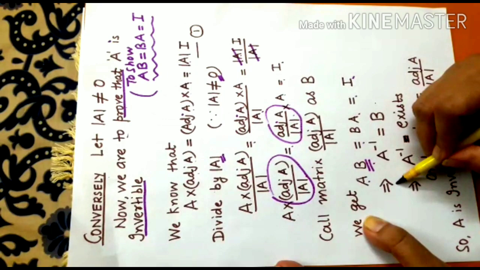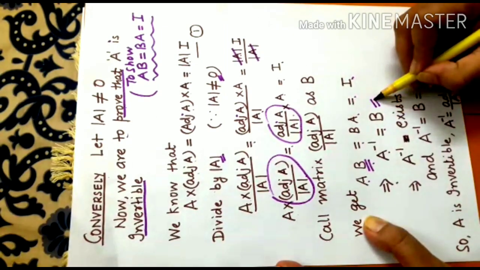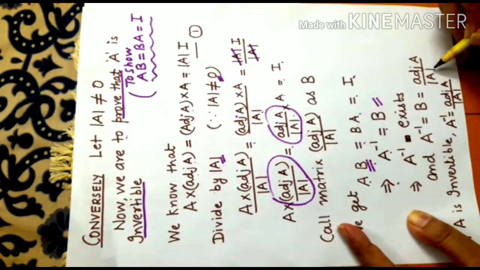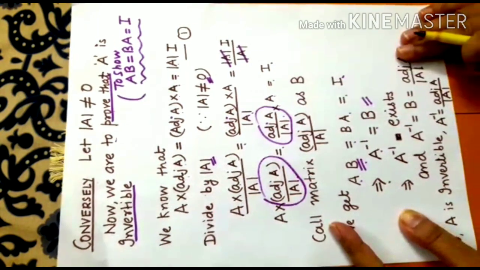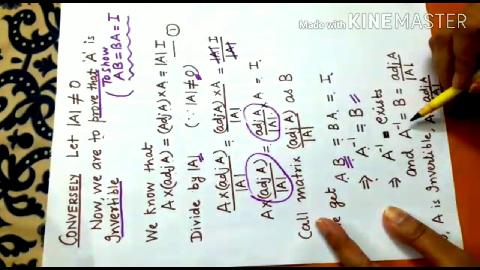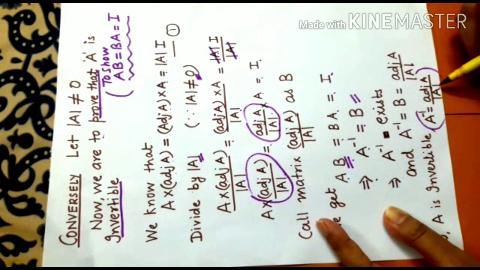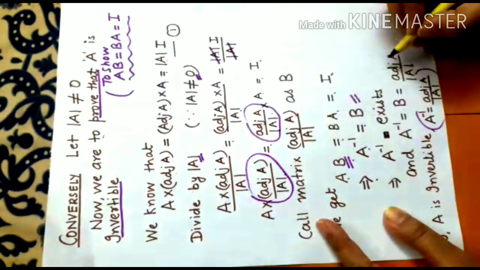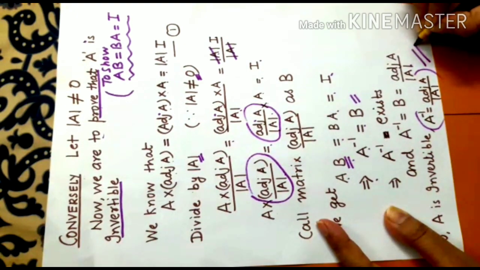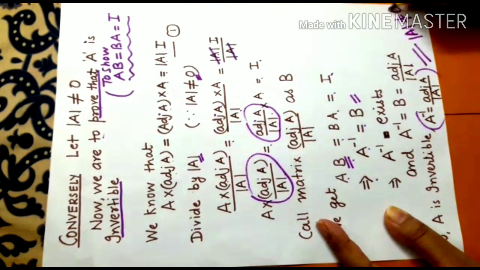So this implies that A is invertible and A inverse is equal to B. And B is adjoint A upon determinant A. So we have proved that when a matrix is non-singular, then it is invertible and its inverse is given by adjoint A upon determinant A. This theorem gives you a formula to find out the inverse of the matrix, which is adjoint A upon determinant A, and here determinant A will not be equal to 0.